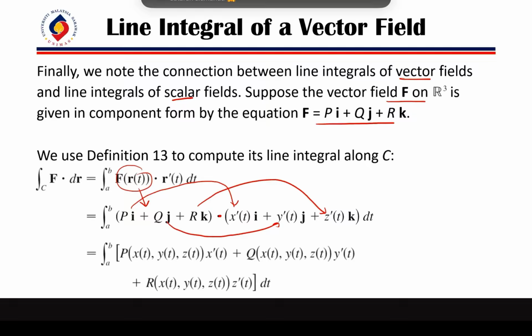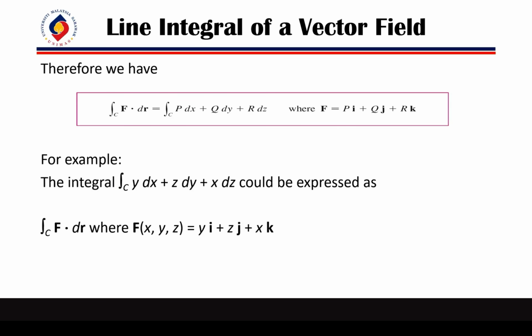Then we add them and solve this integration. Therefore we have this formula: the integral over C of F dot dr equals P dx plus Q dy plus R dz, where P, Q, and R are identified this way.